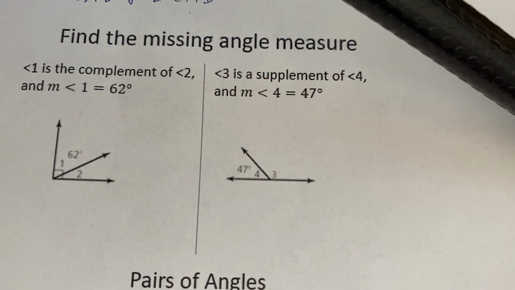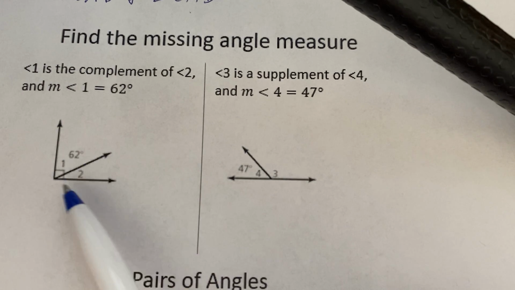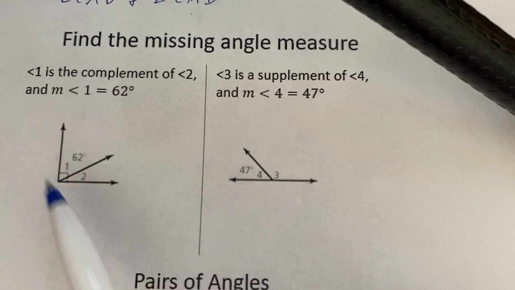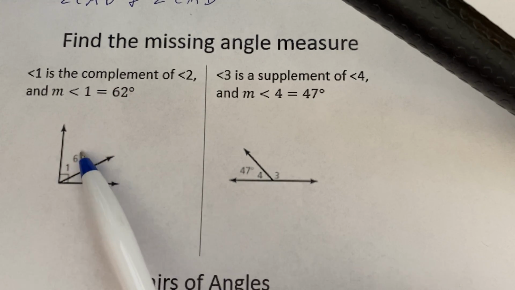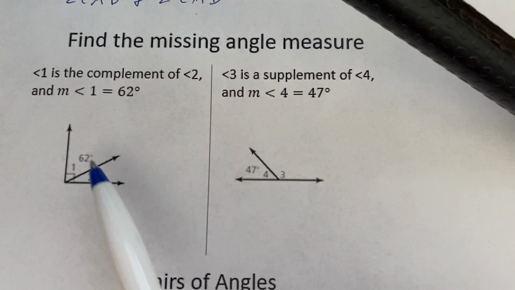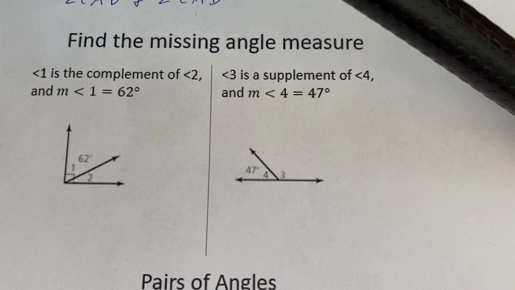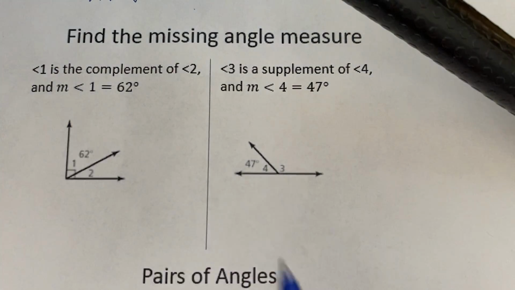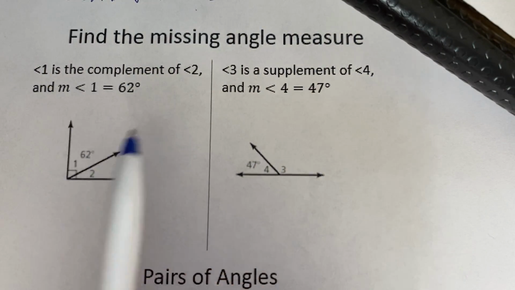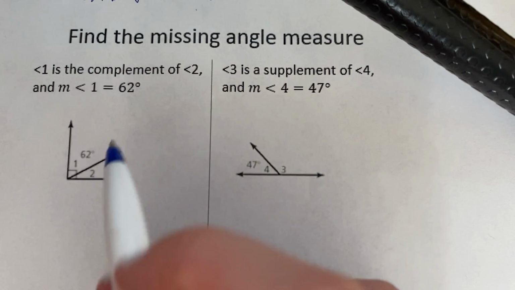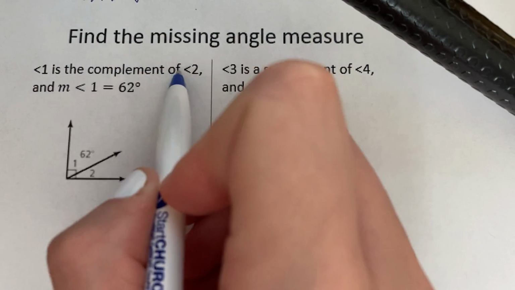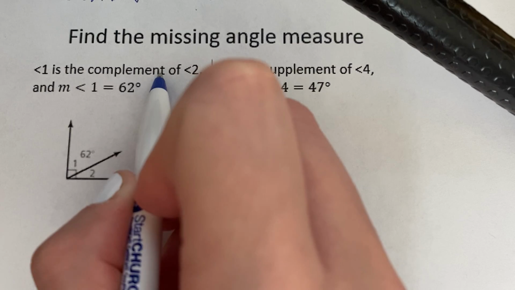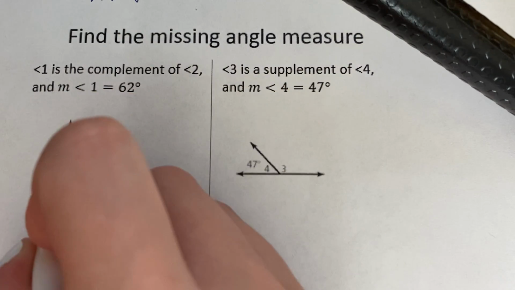All right, so find the missing angle measure. Angle 1 is a complement of angle 2, and we know the measure of angle 1 is 62 degrees. Find angle 2. So this will be a problem, but you won't always get a picture. If you were just given this information, you would need to know how to do that. Angle 1 and angle 2 are complements of each other, which means they're complementary.